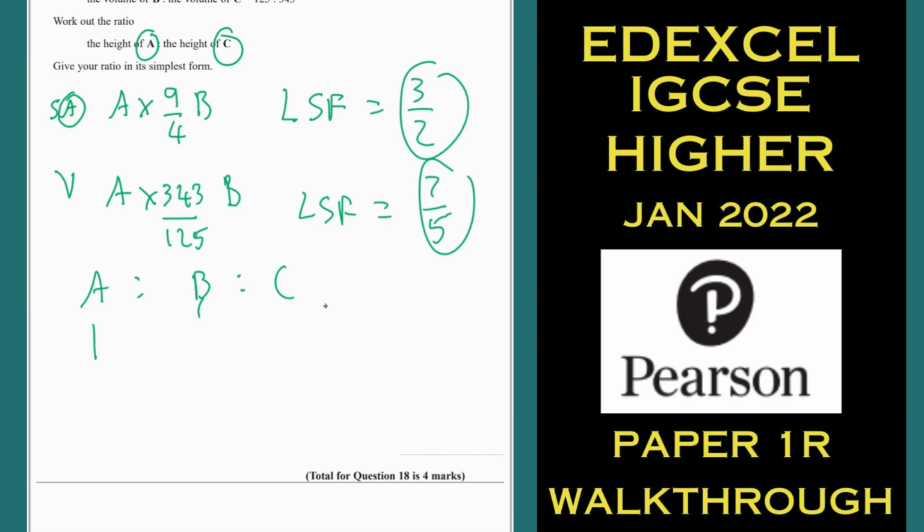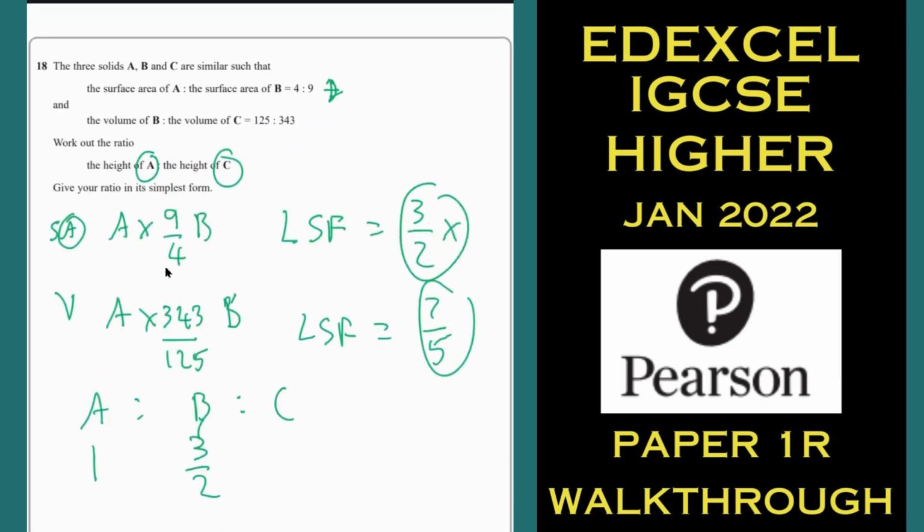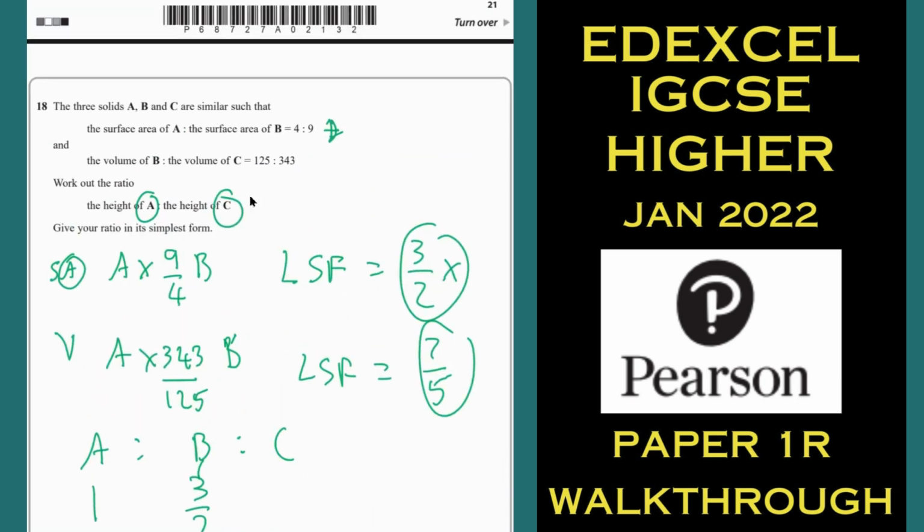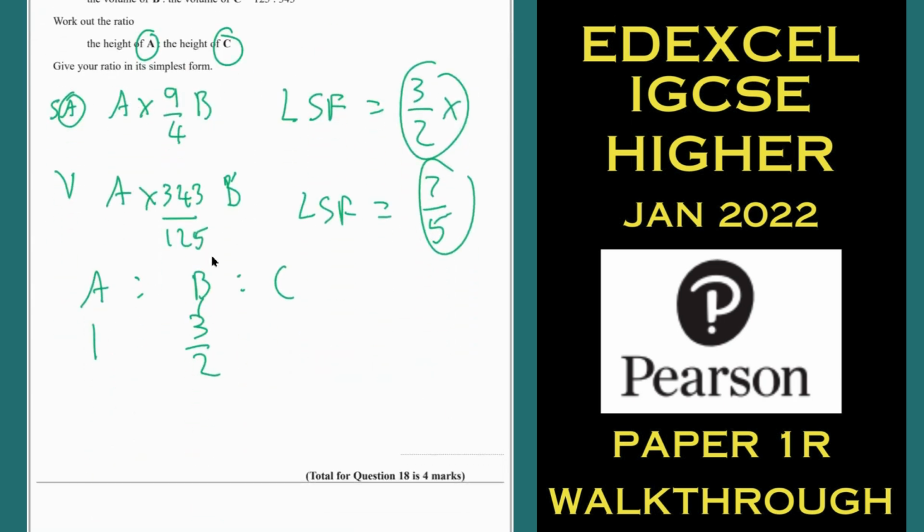So to go from A to B linearly, you just times it by 3/2. And if you want to go from, whoa, did I write A to B here? I obviously meant B to C, but there we go. I apologise.